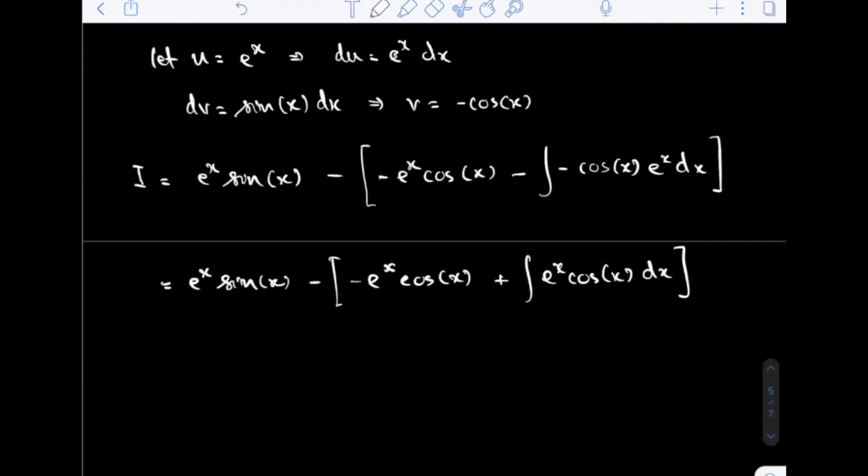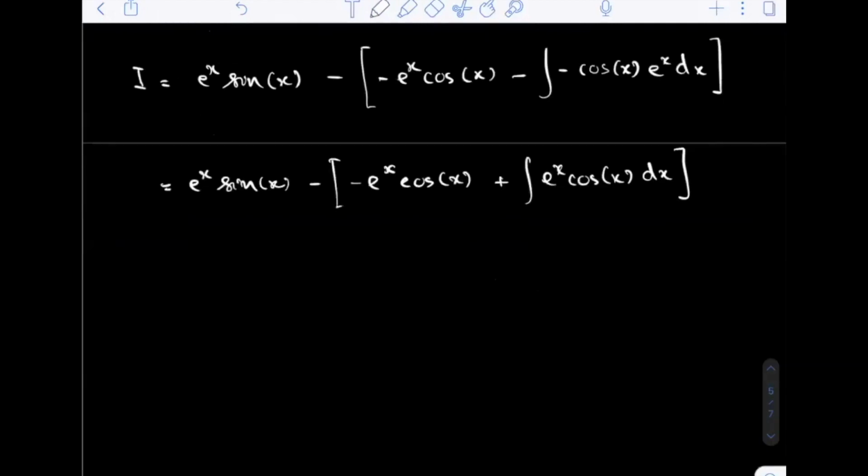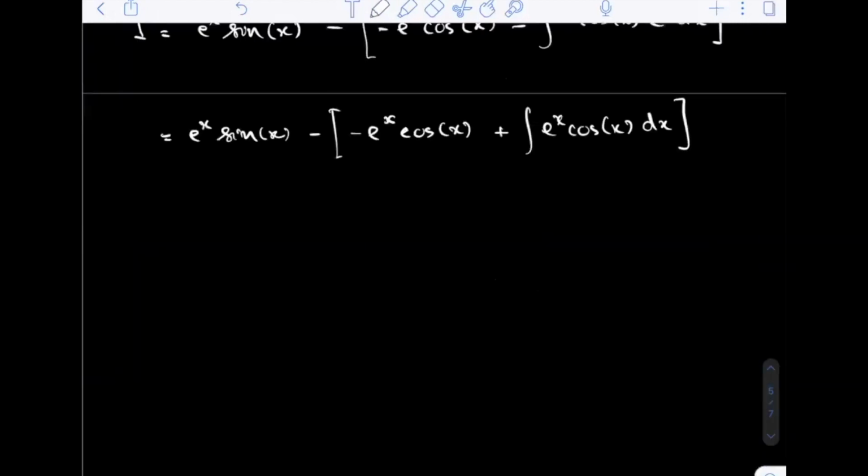And I am distributing the negative sign in front of the brackets. So capital I equals e to the x times sine of x minus e to the x times cosine of x, plus the integral of e to the x times cosine of x dx.